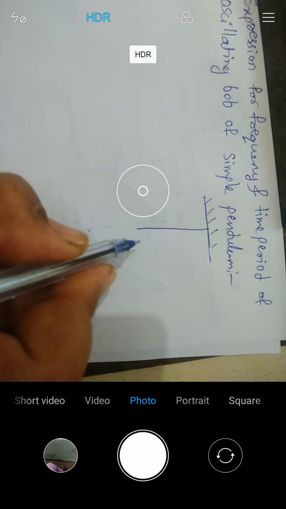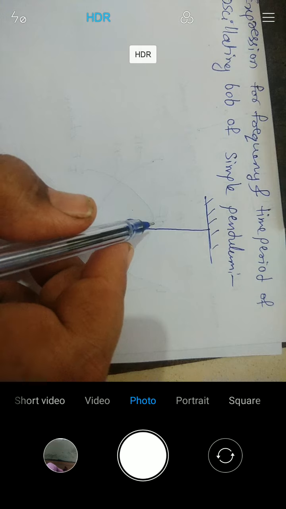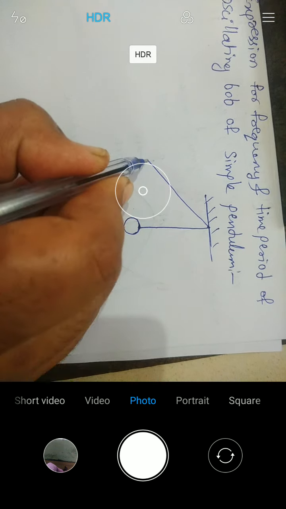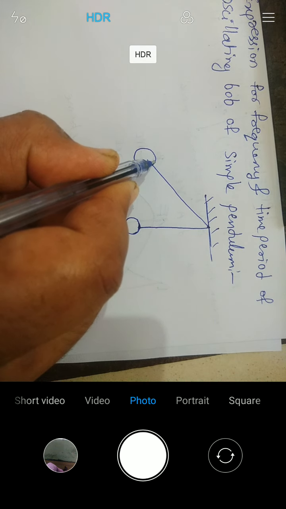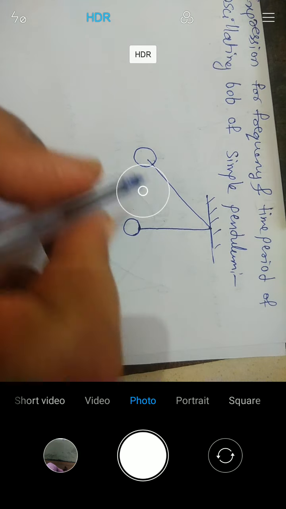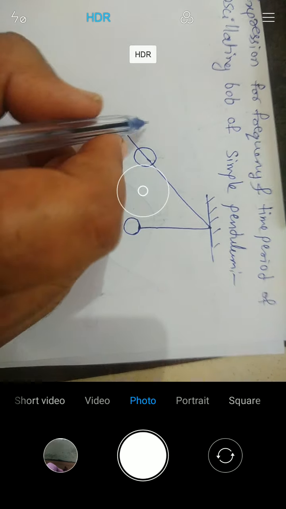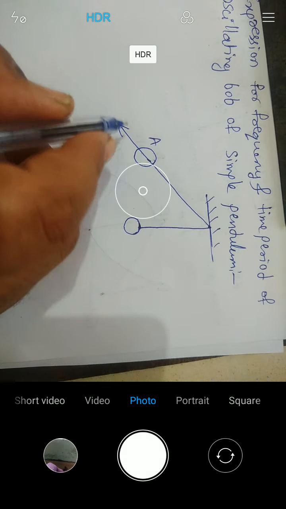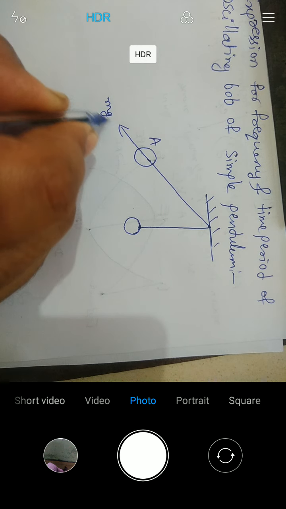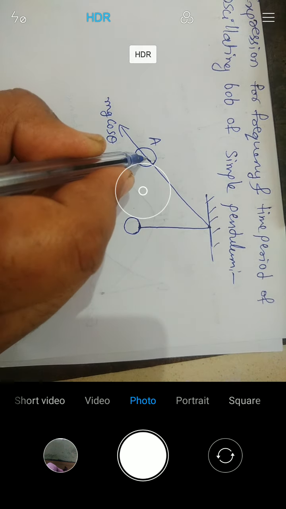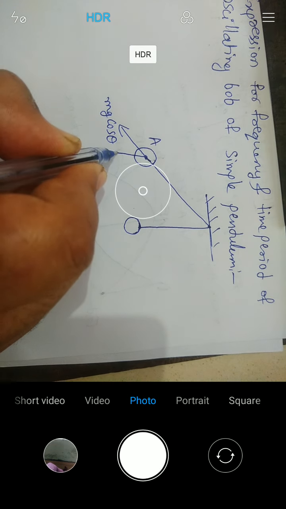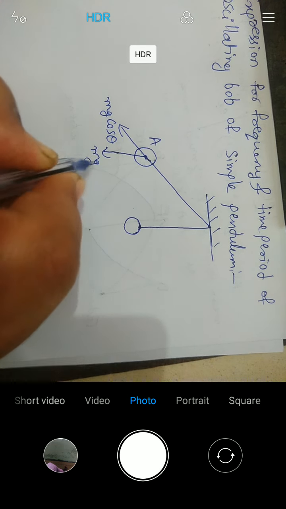Okay, you consider one rigid support. Okay, one thread is attached and one bob is there. Suppose it is oscillating in this position. Then suppose at the same position, you should consider here the force, that is mg cos theta, and in the downward direction mg is acting.